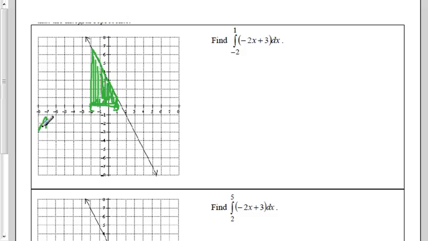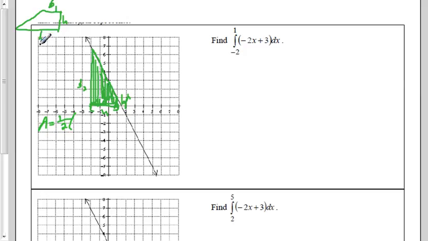We know the area of a trapezoid is 1/2 the height times the sum of the bases. If I picture this, this height right here is down there. So if that's the height, and then here's base 1 up here, and this is base 2.